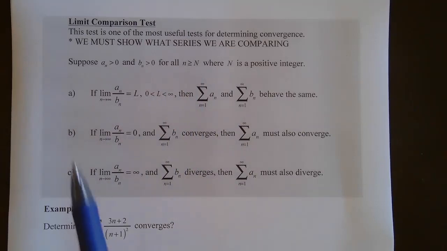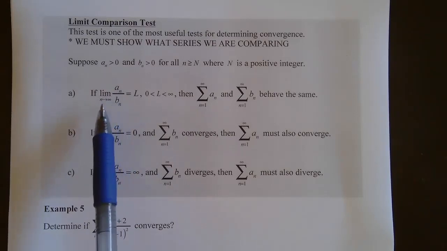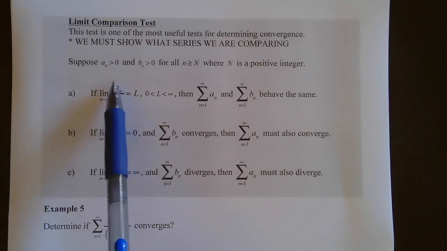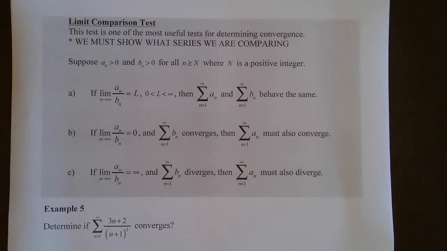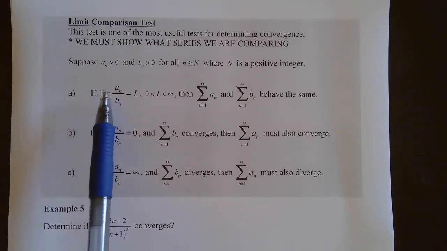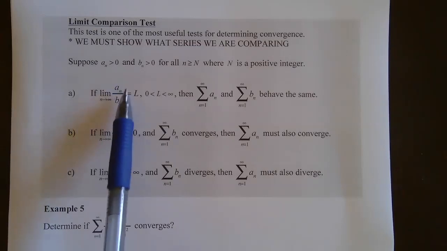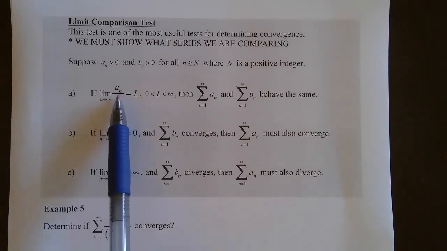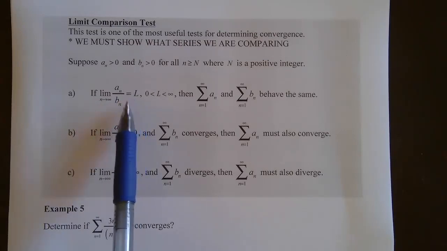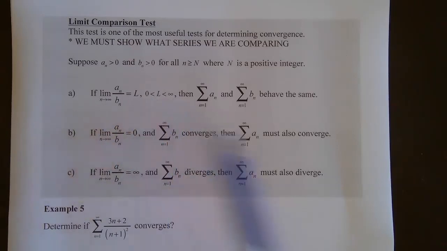So if we take the limit as n goes to infinity of the nth term of the series that we're given, divided by the nth term of the series we're comparing it to, and that comes out to be a number between 0 and infinity, so it basically comes out to be a positive number, then they behave the same way.